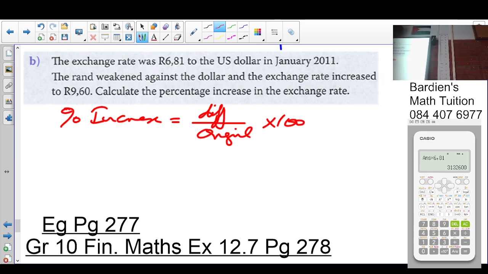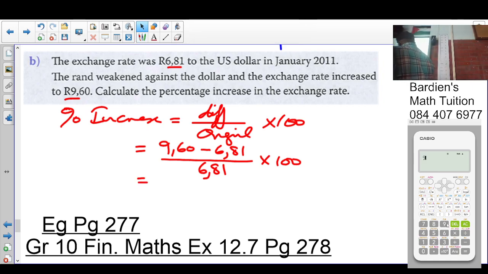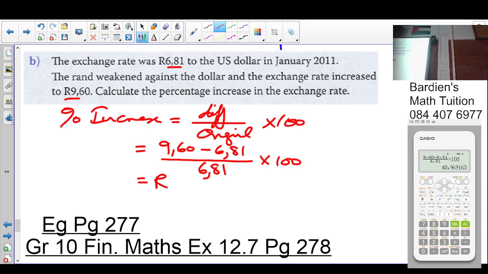So what's the difference? 9.60 minus 6.81, divided by the original exchange rate, 6.81, and times by 100. That gives us 40.97%.